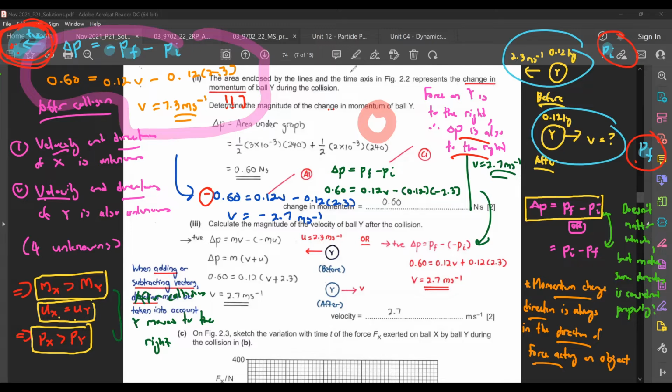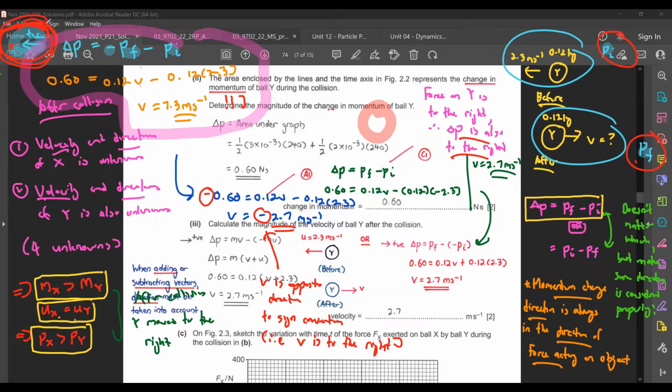This is the correct answer, right? But your question just wants magnitude, so if you just write 2.7 it is fine. This negative here just means that V is in the opposite direction to your sign convention. So in this case, V should be to the right.